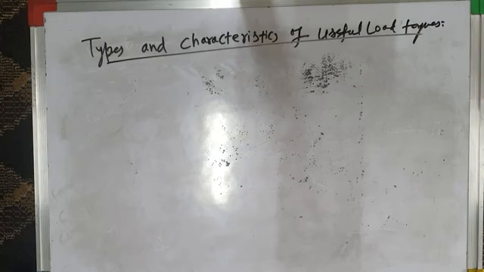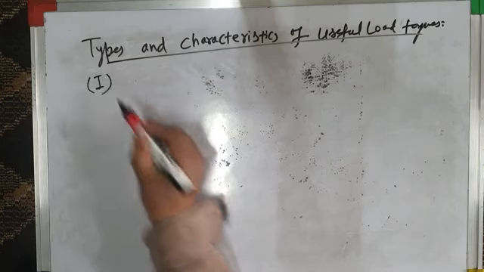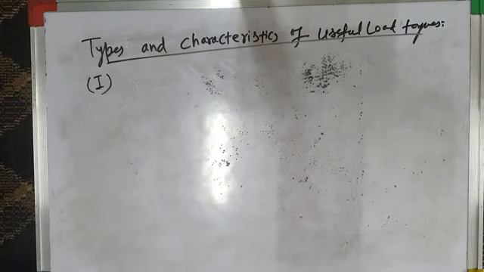What are the various types of loads? See, all the loads do not have similar or the same type of torque speed characteristics. Different loads exhibit different types of speed torque characteristics. Let us consider a few very important loads, which are general loads. In our day-to-day applications we use these loads, so let us see their characteristics.